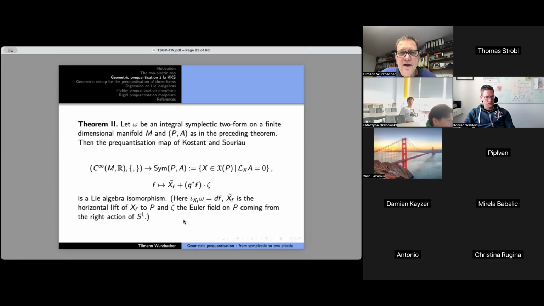L_X is d iota_X plus iota_X d. So if you plug X_F tilde into A, it's 0, because it's a horizontal lift. On the other hand, if you take dA, then it's essentially the symplectic form, and X_F is a symplectic vector field on the base. So the first part is okay.